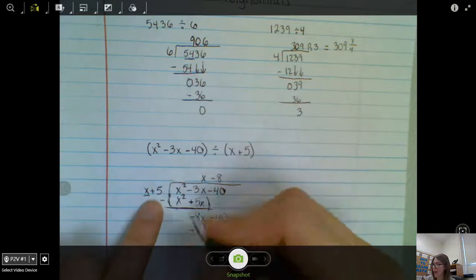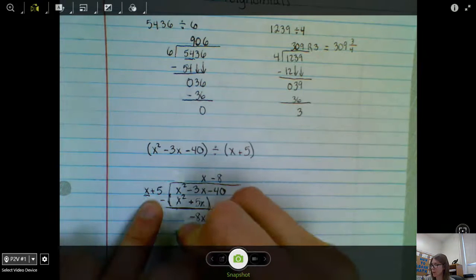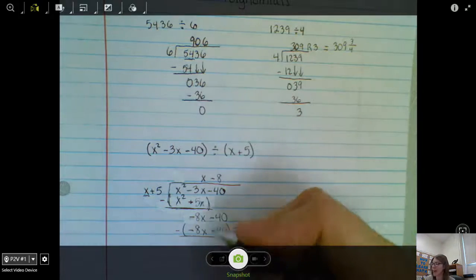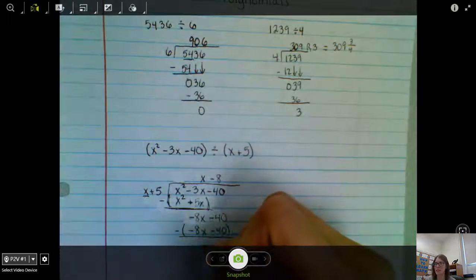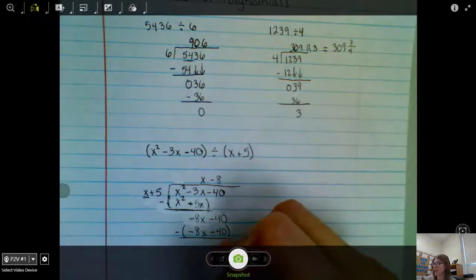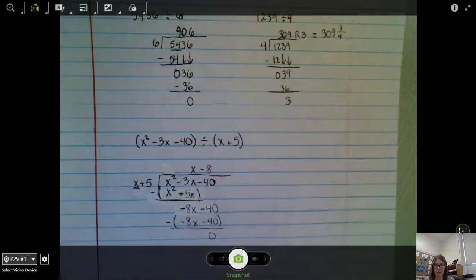Negative 8 times the 5 gives me negative 40. Again, make sure that you're subtracting and subtract carefully here. Negative 8x minus a negative 8x, those cancel out. Negative 40 minus negative 40 also cancels out. We end up with 0. So we don't have a remainder here.